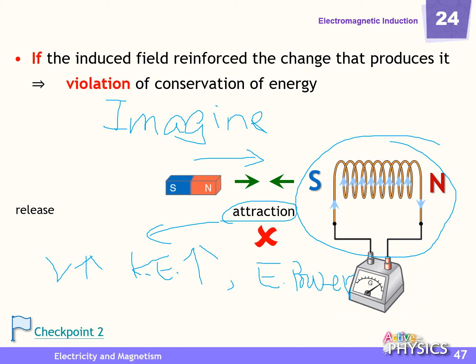So for any kind of induction, the velocity of the magnet must decrease. Even if the magnet is moving away from the coil, the velocity will still decrease. You can draw the diagrams on your own.